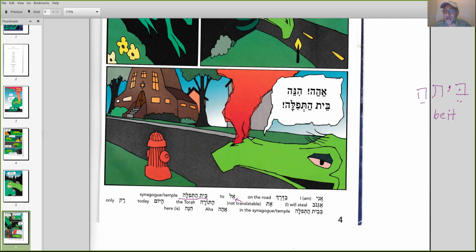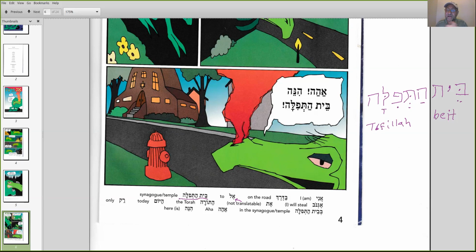Okay, the ha, the hey with the patach, the tav, dagesh in the tav, shva. Okay, and we have a pe with a hirik, a lamed, okay, put a dagesh in the lamed, kametz, hey, beit tefillah, beit tefillah.